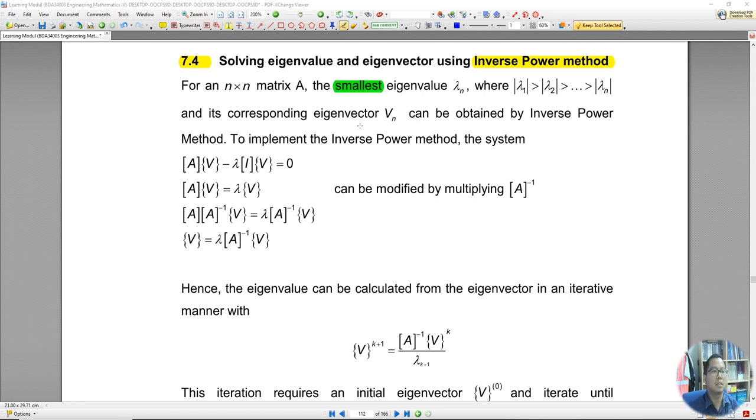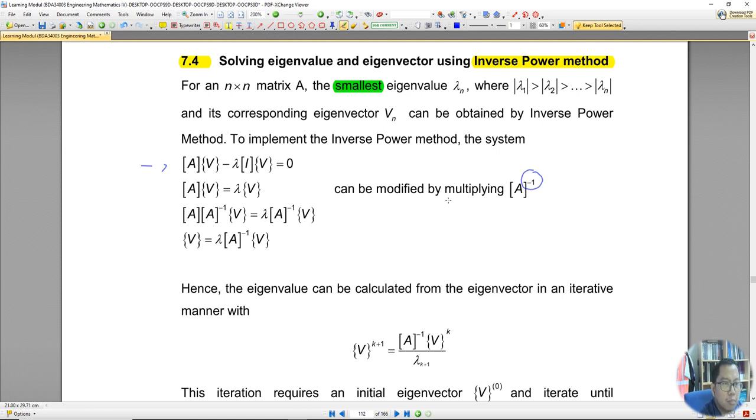To implement the inverse power method, a system of equations is used, where the matrix A multiplied by the eigenvector minus the eigenvalue multiplied by the identity matrix I, and then multiplied by the eigenvector, is equal to 0. Then it can be modified by multiplying by the inverse matrix A. So the difference from the previous topic is the inverse matrix.